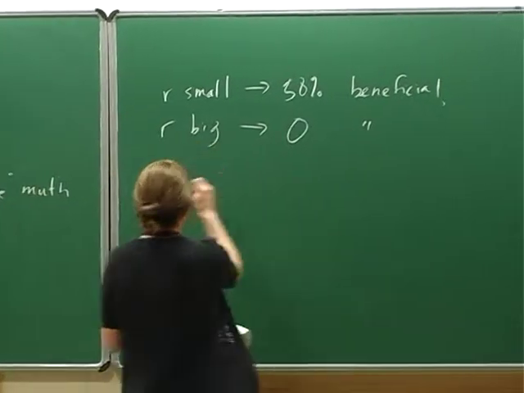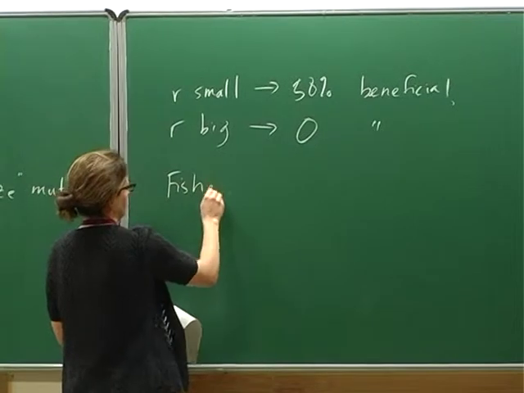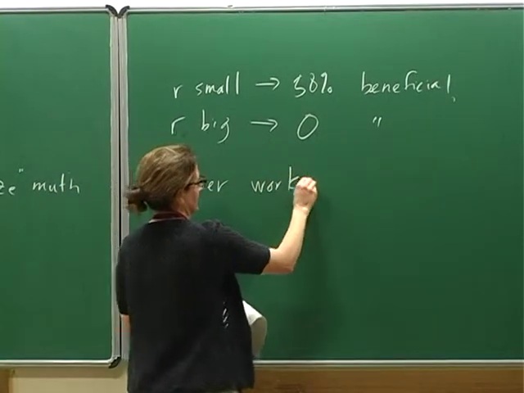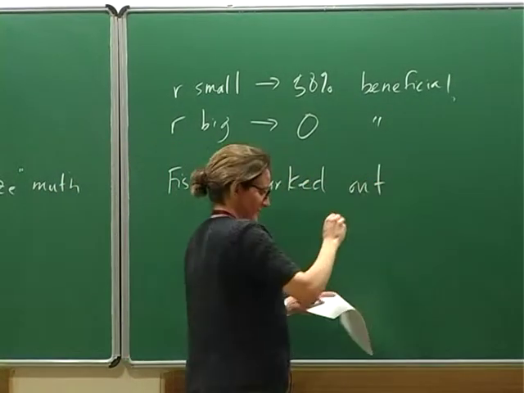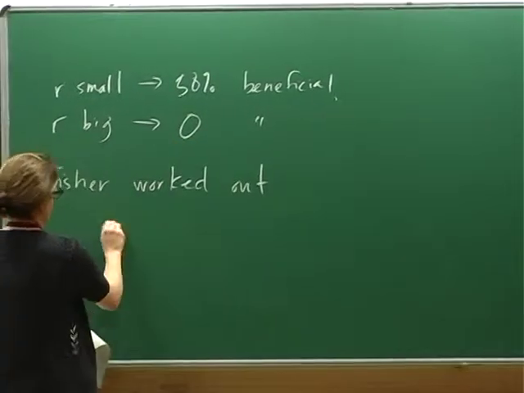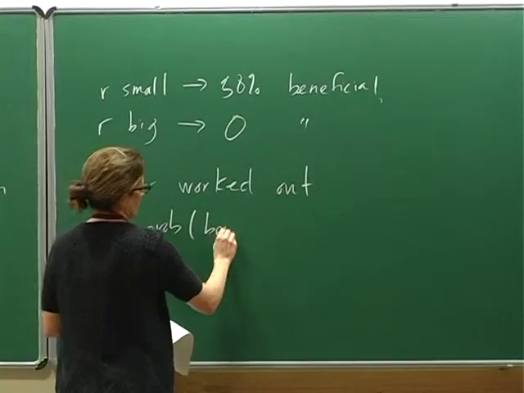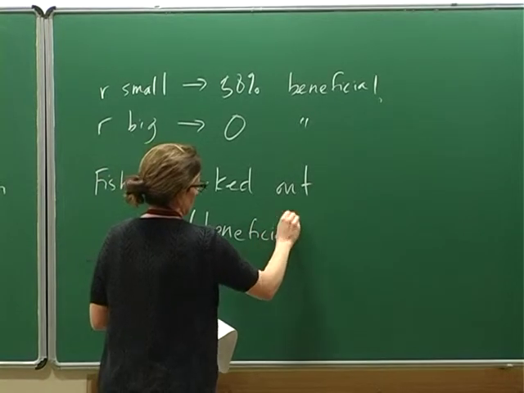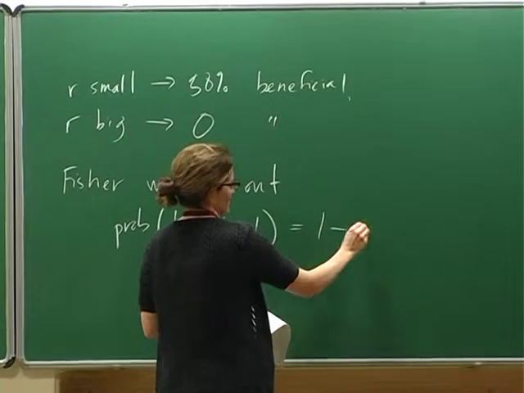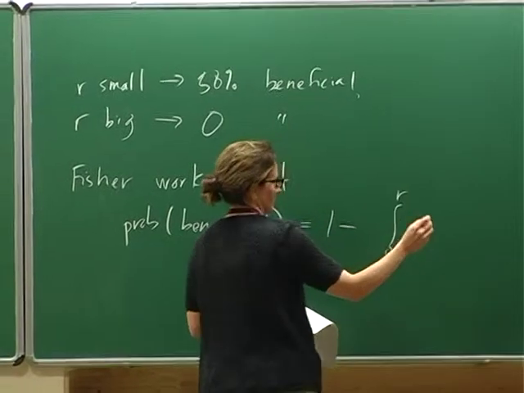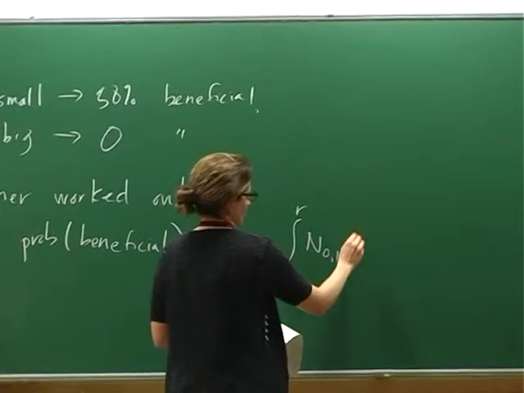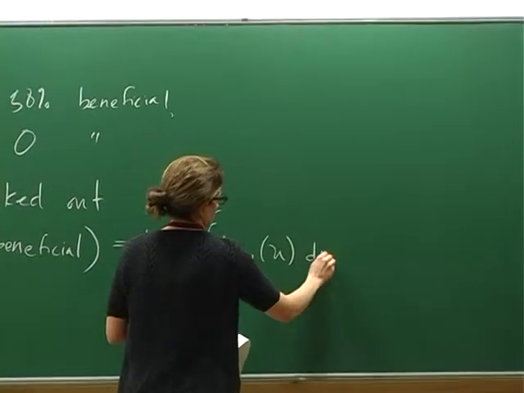And if you really want to know, Fisher worked out quite beautifully that the probability that it's beneficial is 1 minus the integral of a standard normal u du.